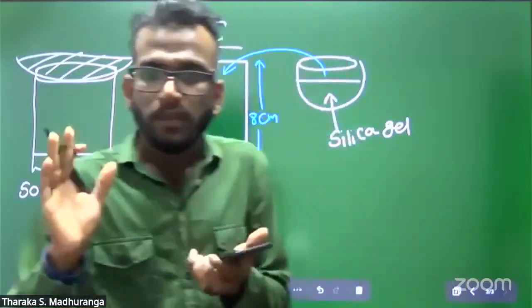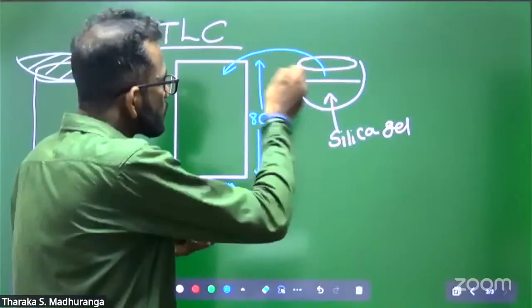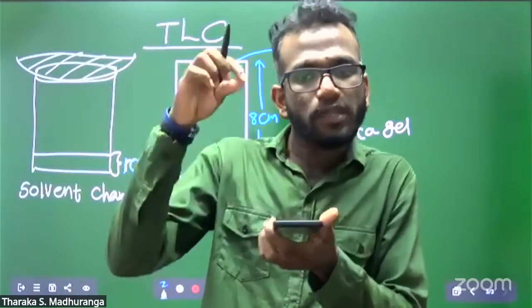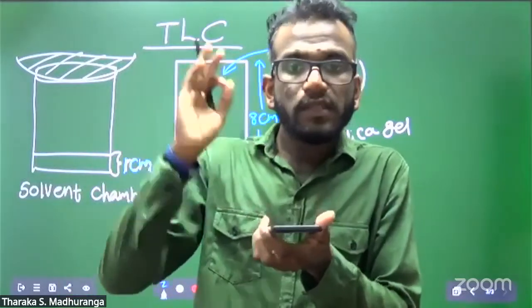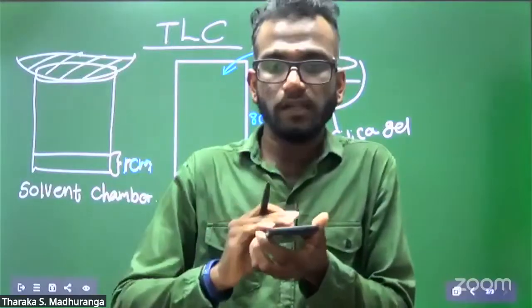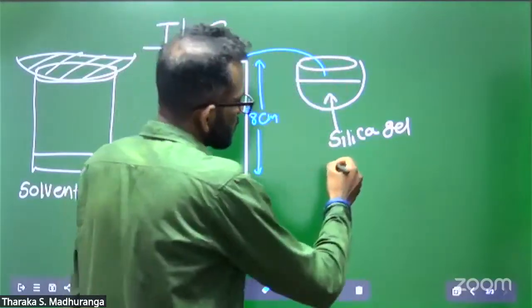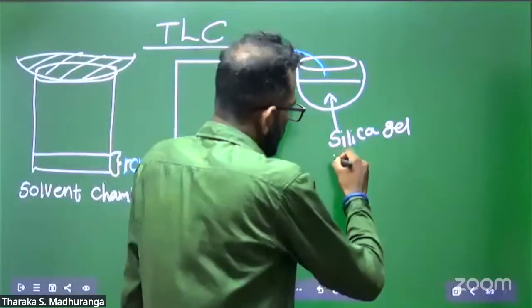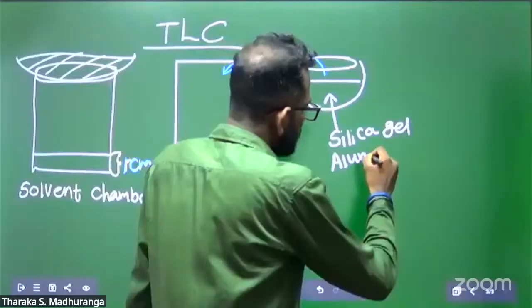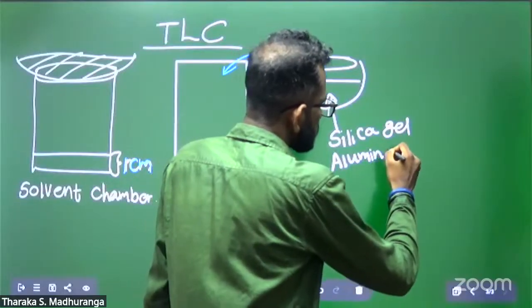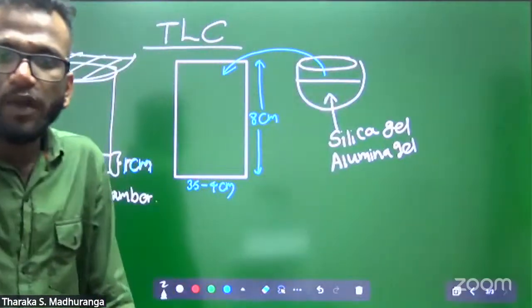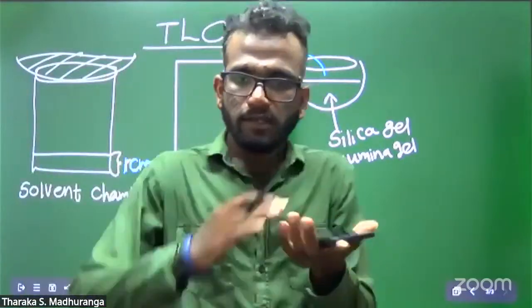But in the thin layer chromatography method, we prepare a very thin layer on the glass plate with silica or alumina gel. Silica or alumina gel you can use as a thin layer.